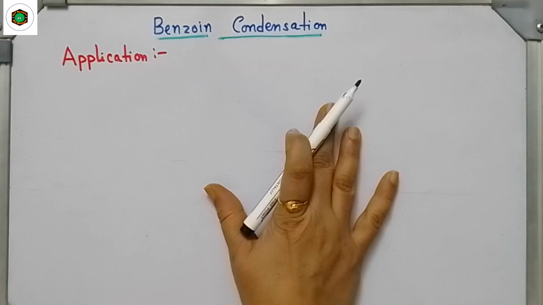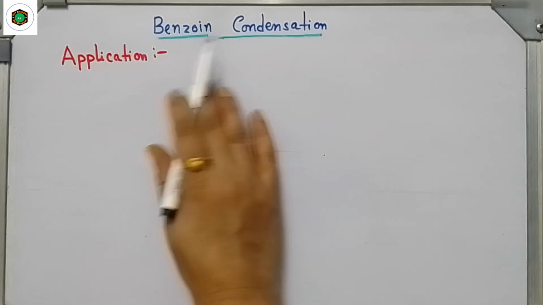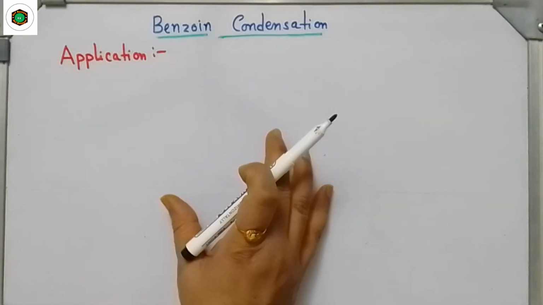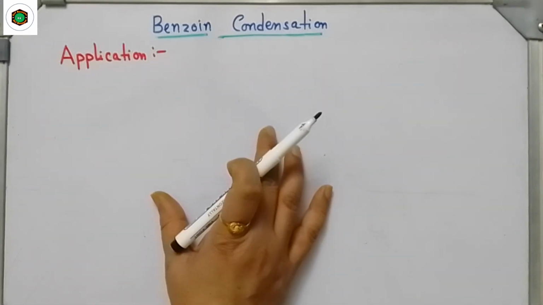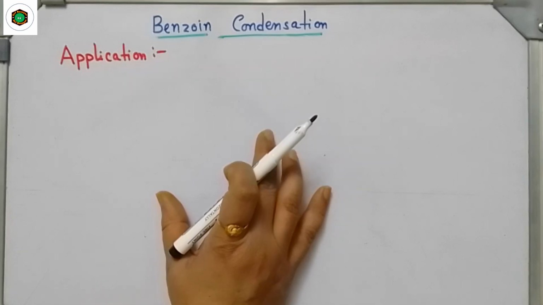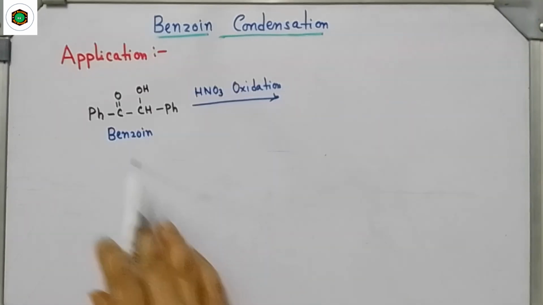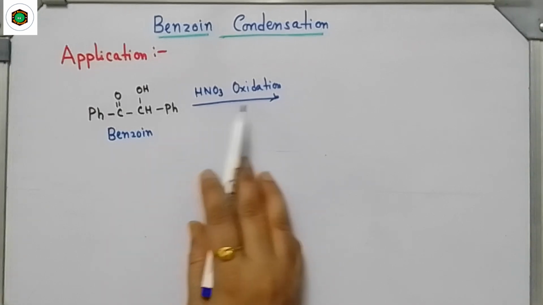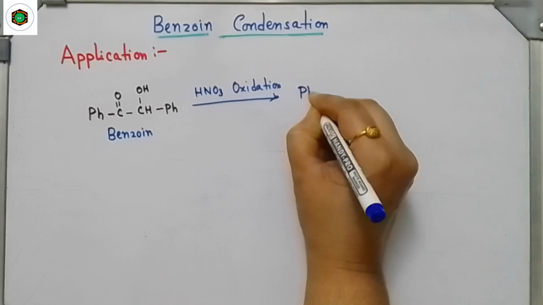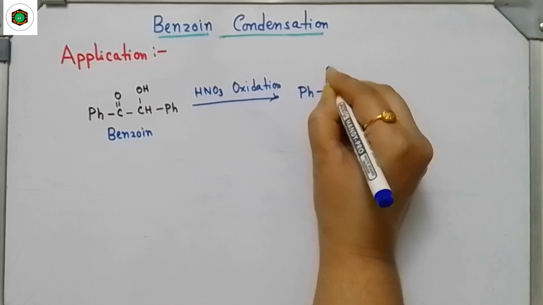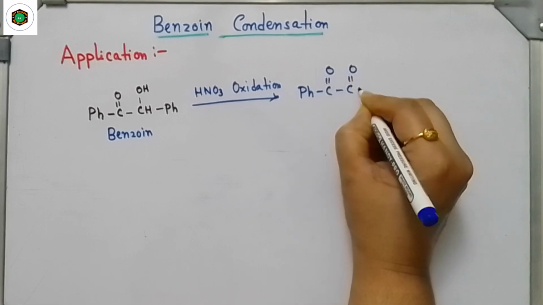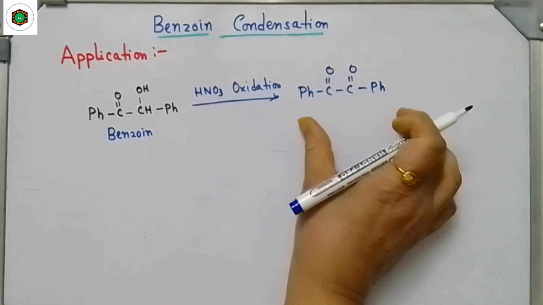Now we should know what's the application of benzoin condensation. By benzoin condensation we can synthesize benzoin, and benzoin is used to synthesize other compounds. For example, benzoin by nitric acid oxidation will give this compound.